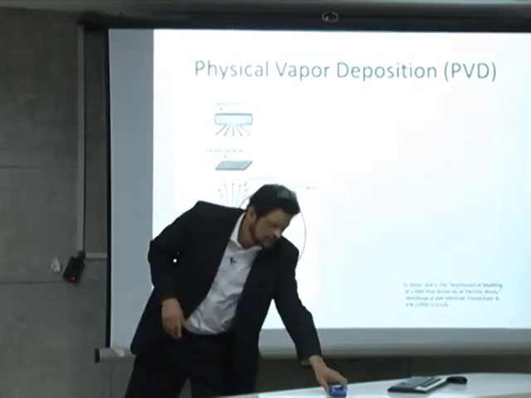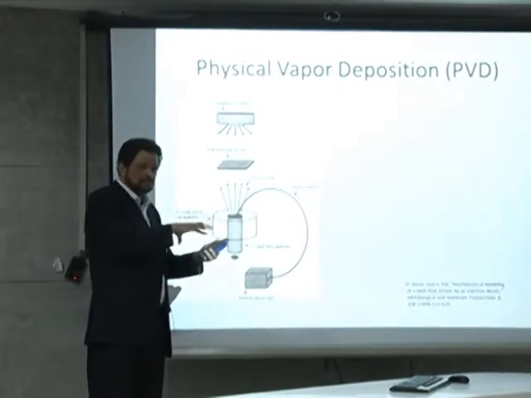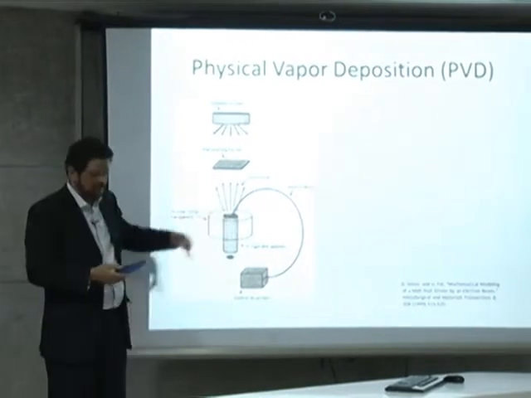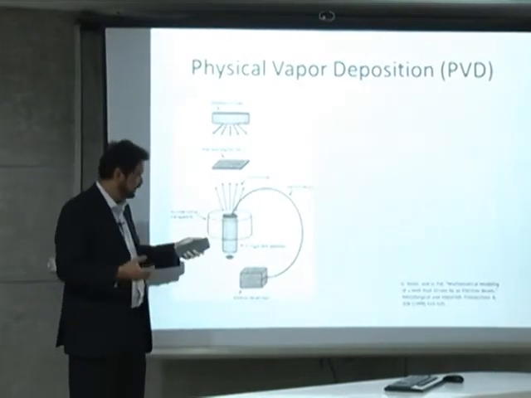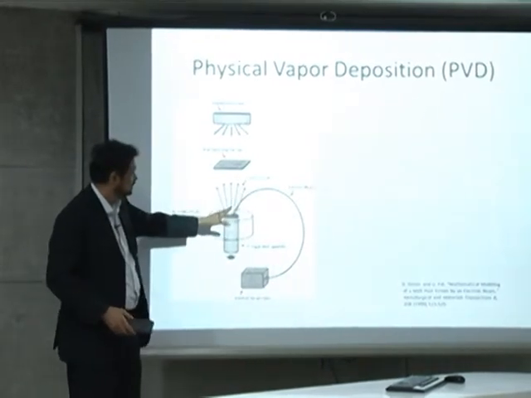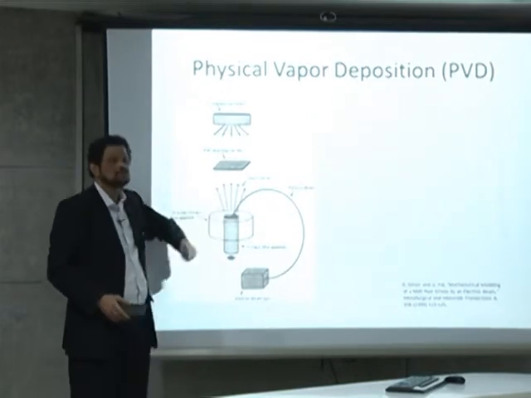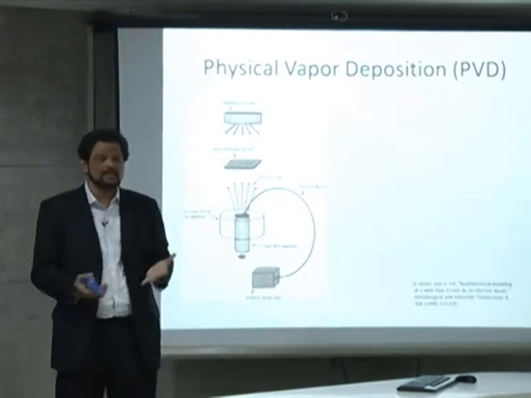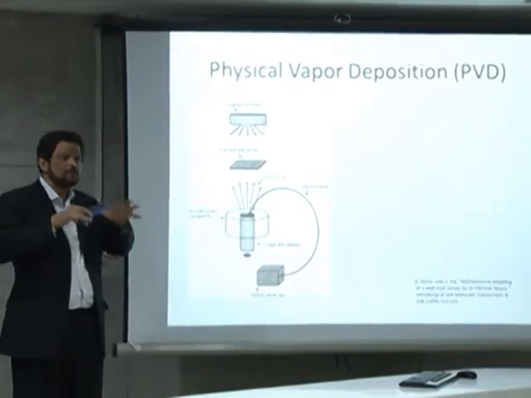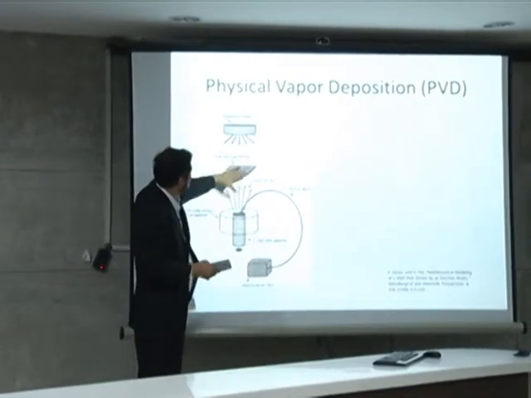So if this is the object and I want to coat this with some other material, then I take a rod of that material. Say this is titanium and this is molybdenum, this is different. So using an electron gun and magnets, you heat this so much to thousands of degrees, it melts, it boils, it evaporates, and a vapor goes out, and the vapor deposits on the surface.